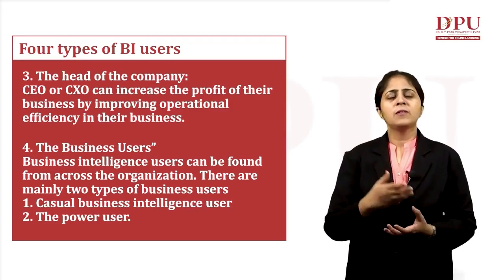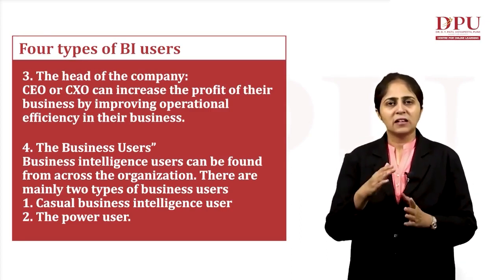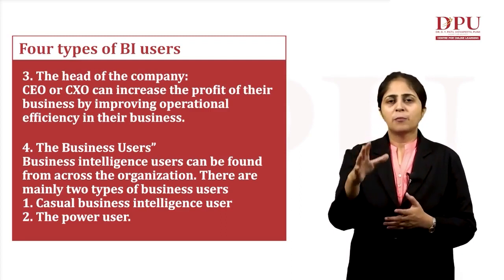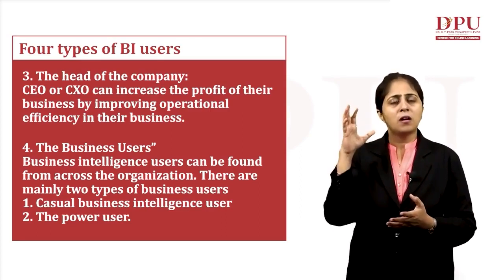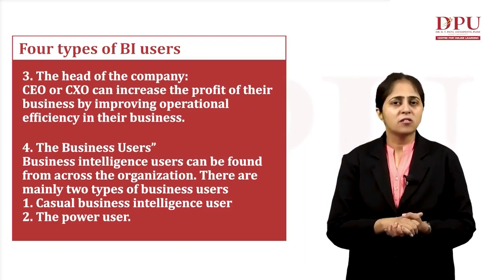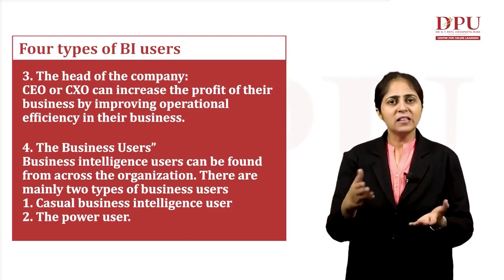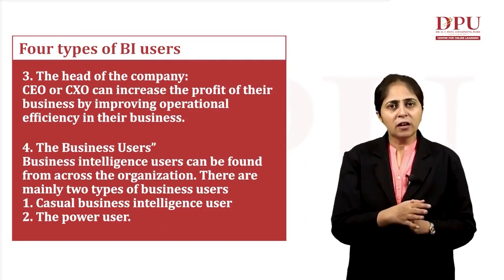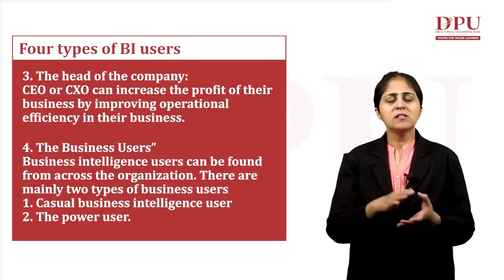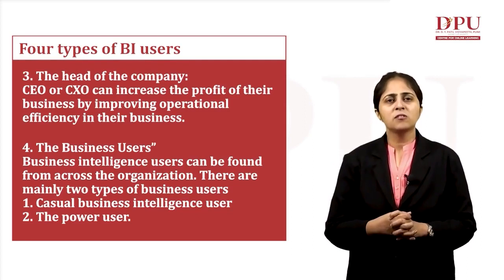So basically, if we have to categorize our business users into four categories, we can categorize them as: first, the professional data analyst who will do the drill down analysis of data. Then we have the IT users who will maintain the business intelligence infrastructure. Then we have the head of the company who can use this business intelligence tool for the improvement of the organization's profit.